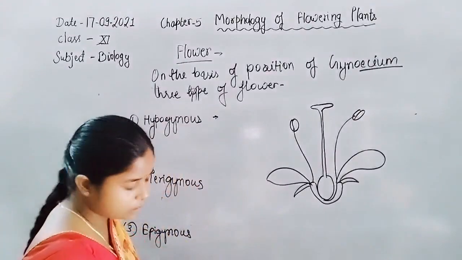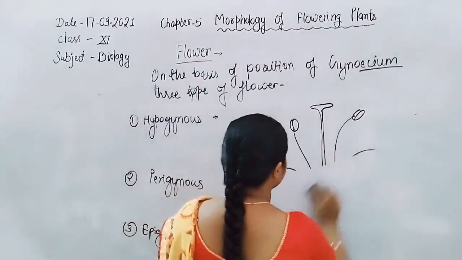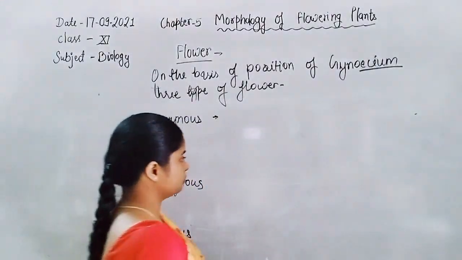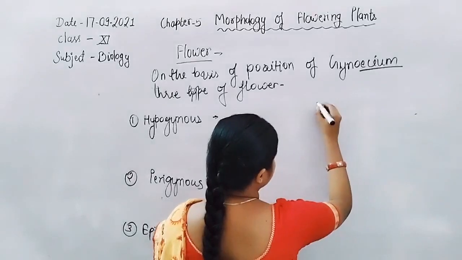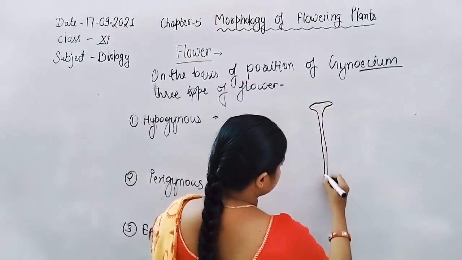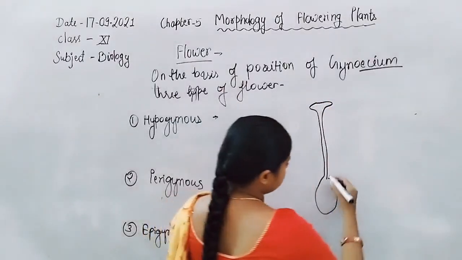And next is the epigynous type of flower. In such a type of flower, the ovary is always inferior. So here is the gynoecium.